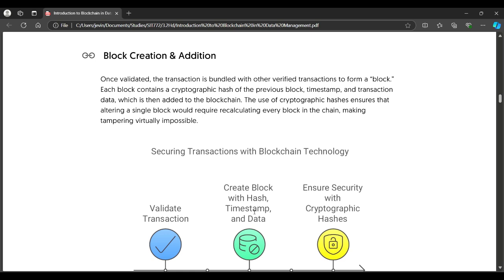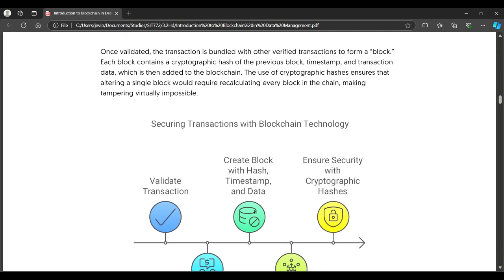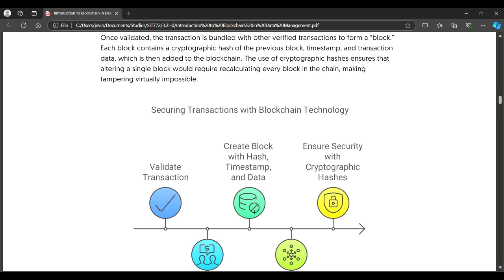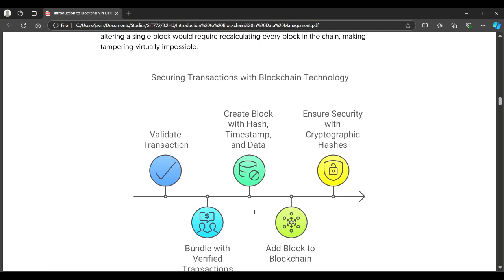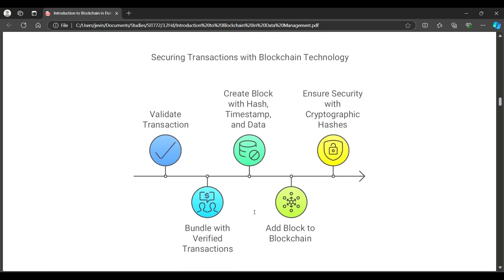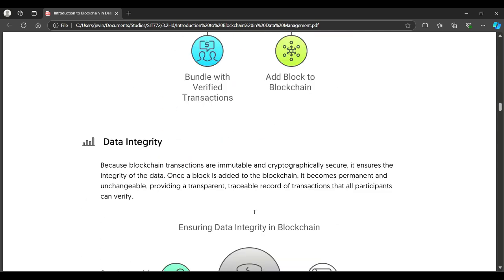By using cryptographic hashes, if a single block is changed, we would need to recalculate every block in the chain, making tampering impossible, because it does not fit with the previous blocks.